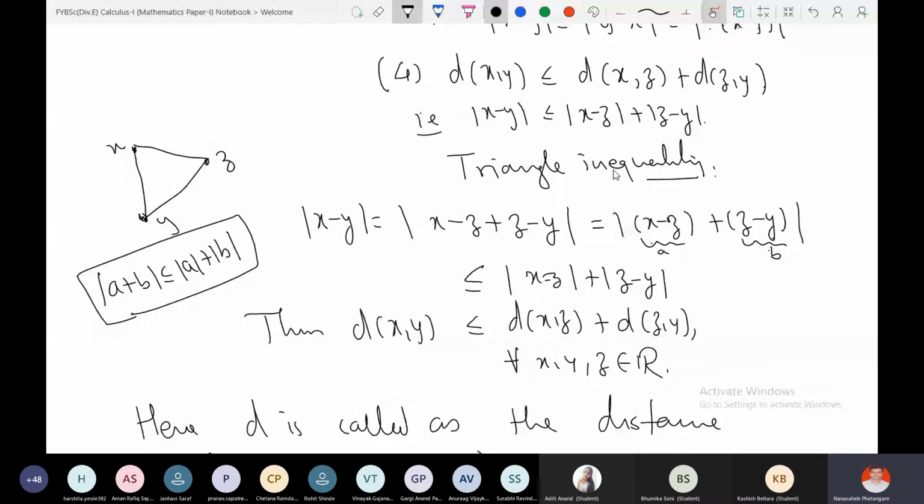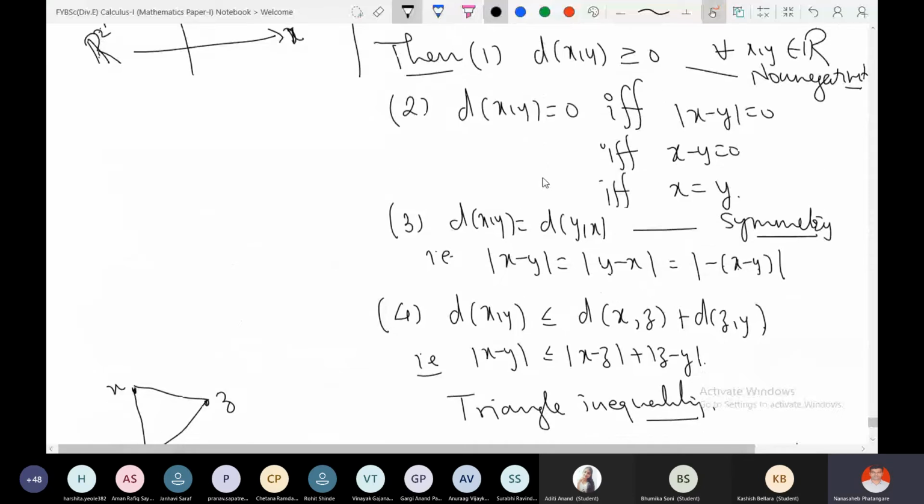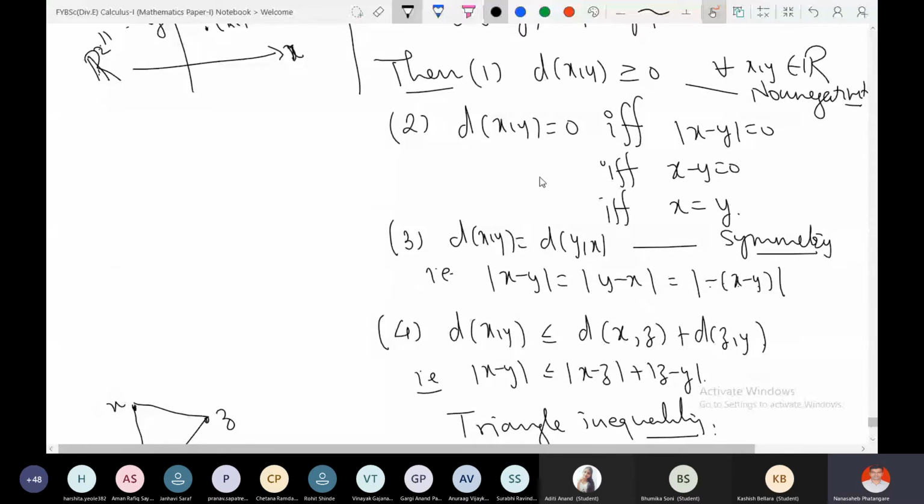We always say the length of the table is 3 feet, whatever. So every time we measure distance, it is a non-negative quantity, right? For the distance between 2 points, which point is first and which is later doesn't matter.